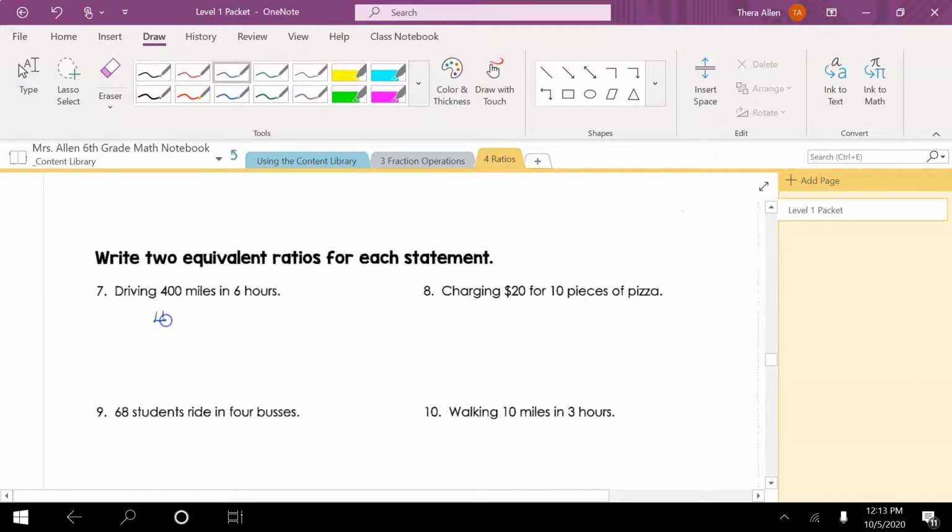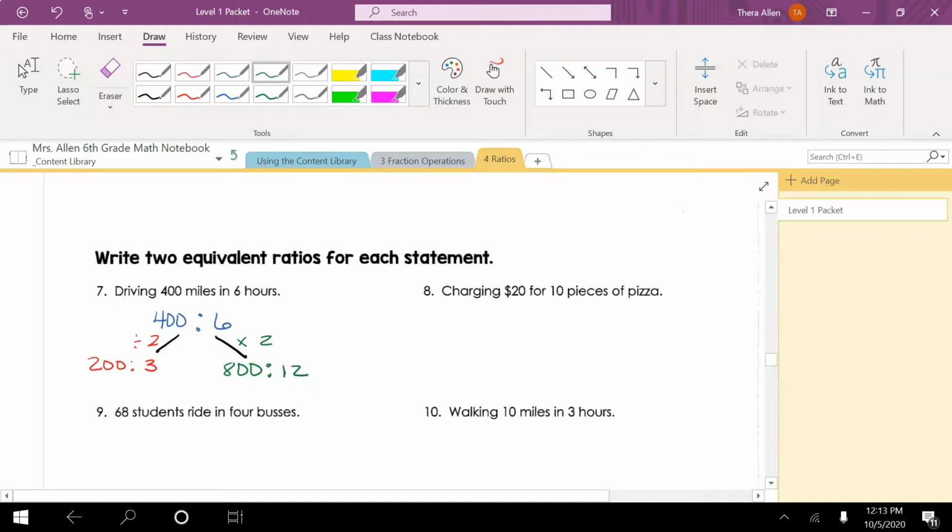So if I did 400 miles for every 6 hours, one way that I could make a new equivalent ratio would be to divide by 2. So 400 divided by 2 is 200. 6 divided by 2 is 3. So there's one of our new ratios. Or I could also multiply by 2. 400 times 2 is 800. 6 times 2 is 12.